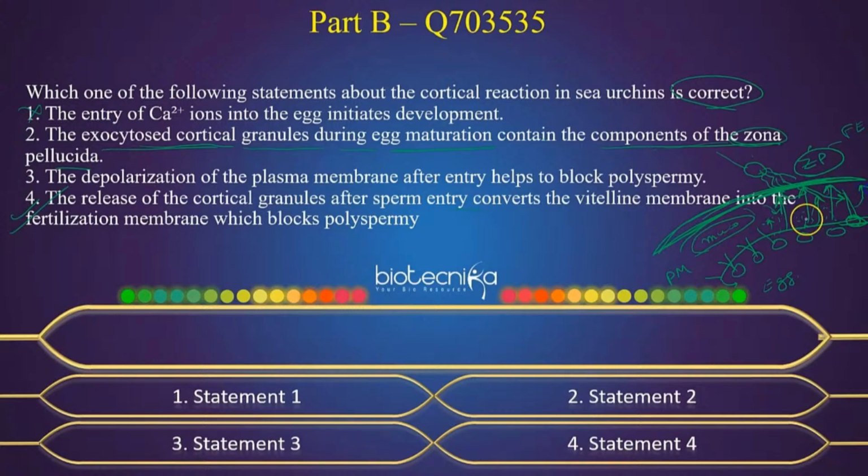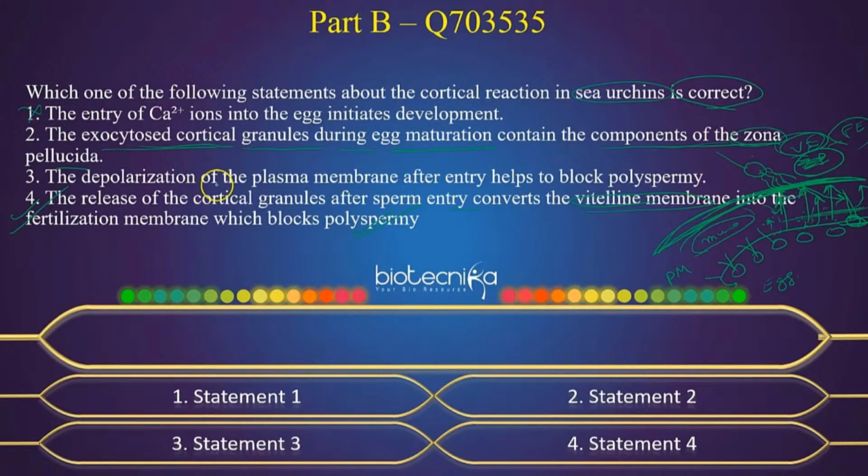The hyaline deposition also takes place, and some peroxides are also released which harden the fertilization envelope. It can convert zona pellucida and vitelline envelope also. Since we are talking of sea urchin, instead of zona pellucida you can consider vitelline envelope. Zona pellucida is in mammals, and in lower animals, amphibians, and sea urchin, you will have vitelline envelope.